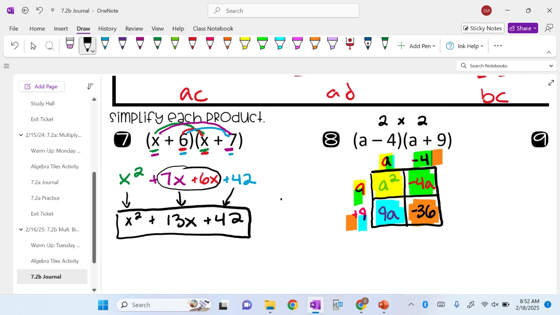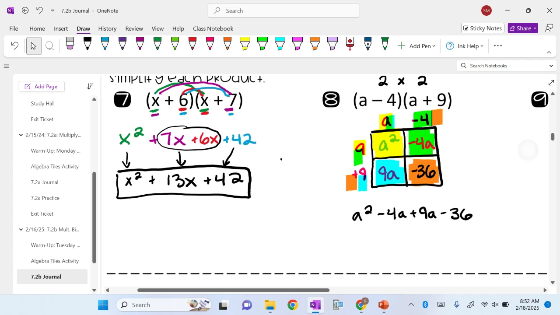All right. Now, all I have to do is pull my terms out of my box and combine like terms. So if I pull all my terms out and write them out, I get a squared minus 4a plus 9a minus 36. Now, I'm not done. What do I need to do? Combine the like terms.